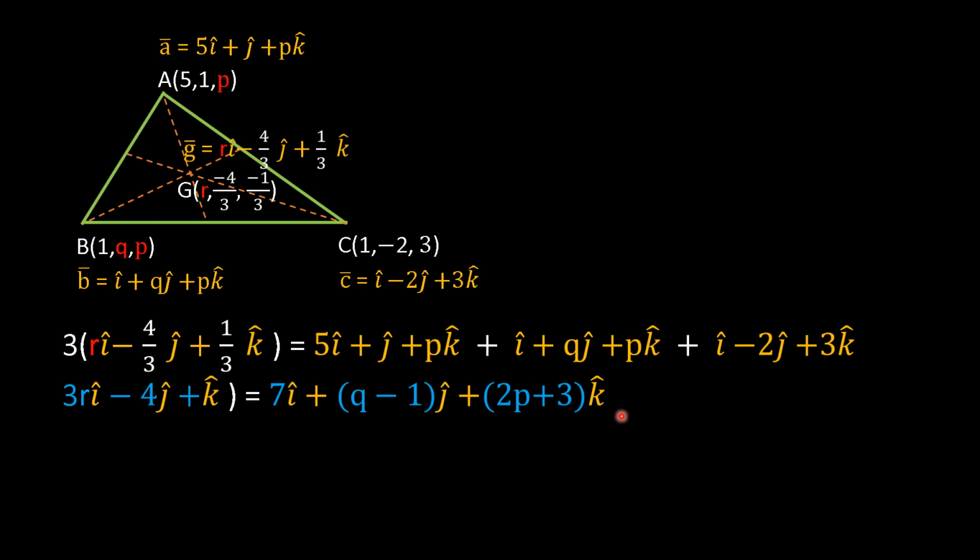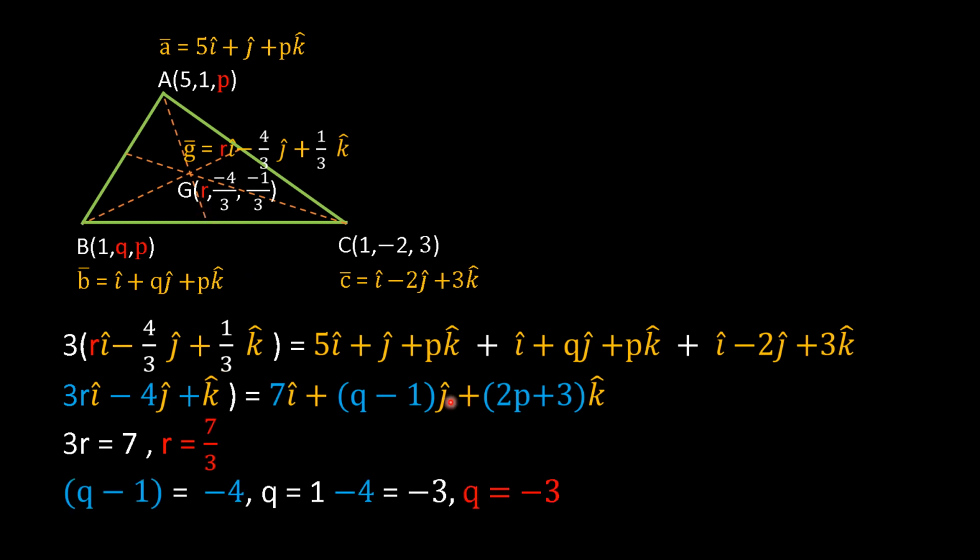Now by the property of equality of vectors, we write 3r equals 7. So that gives us r equals 7 by 3. So the value of r is 7 by 3. This q minus 1 will be minus 4.